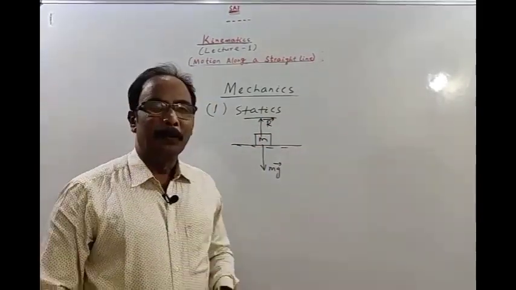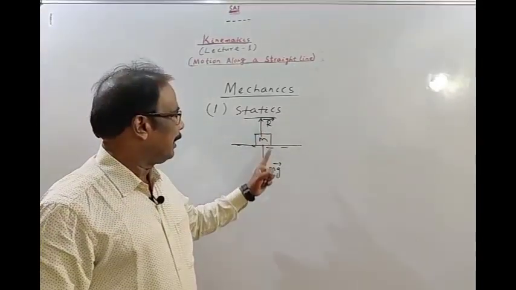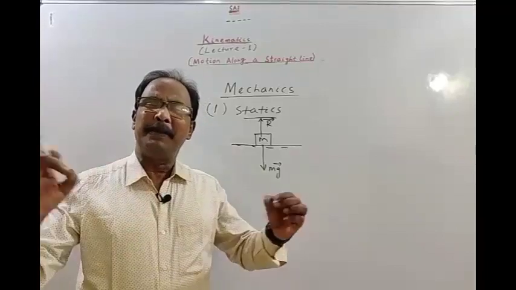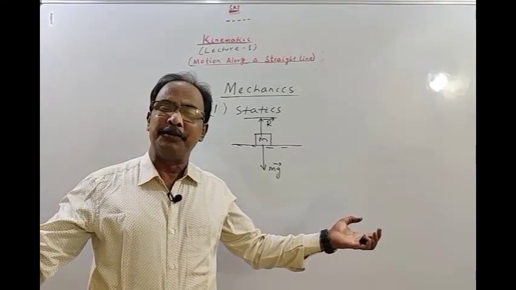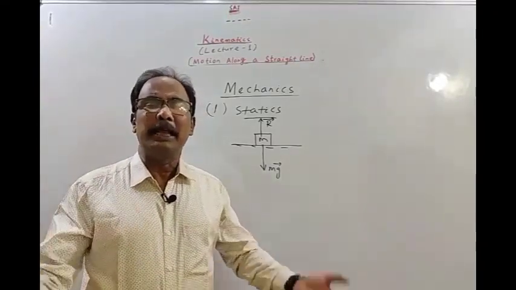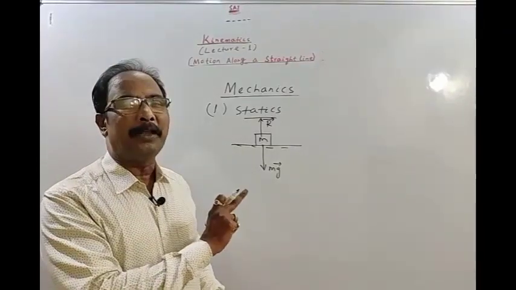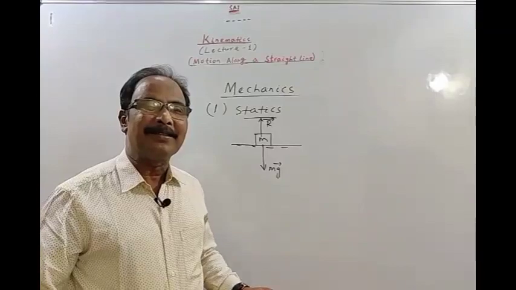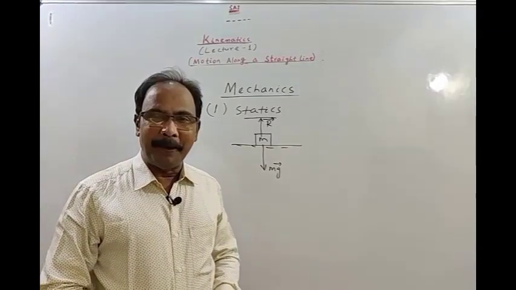Here, the weight of the body and the normal reaction are 2 forces acting on the body, and the sum of these 2 forces is 0, meaning the resultant force acting on the body is 0 and the body is at rest. This is called static equilibrium.